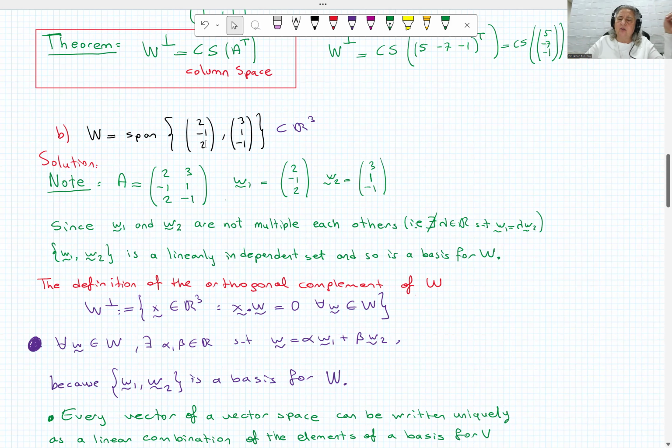Clearly W1 and W2 are not multiples of each other. What I mean is there is no real number lambda such that W1 is equal to lambda times W2, or vice versa.